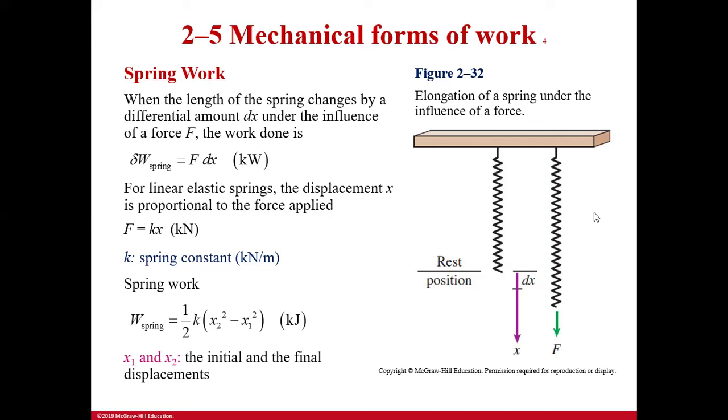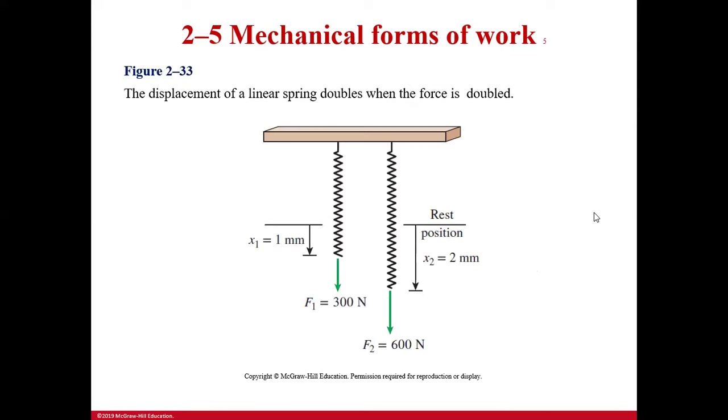So spring work becomes half K, where K is the elasticity constant, multiplied by x2 square minus x1 square. x1 and x2 are the initial and final displacements as shown in the diagram. The displacement of a linear spring doubles when the force doubles.